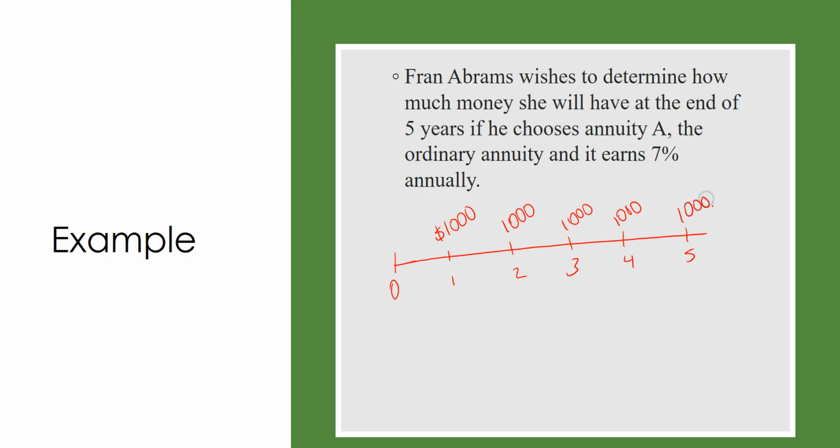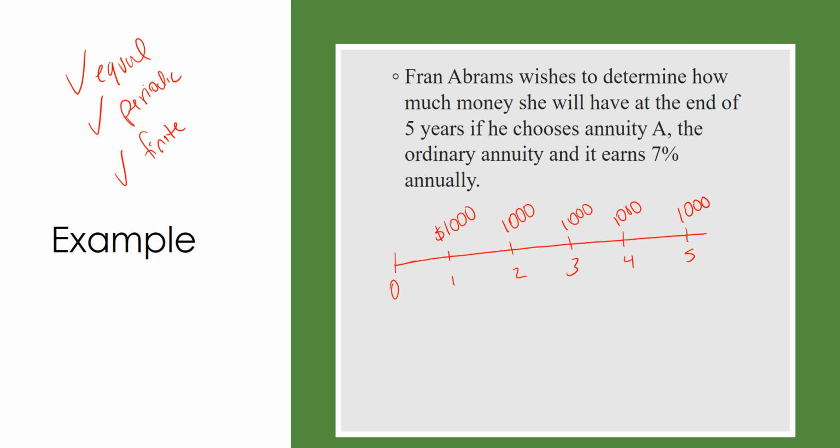for 5 years. Remember the qualifications for an annuity? It's equal, it's periodic, and it's finite, and this qualifies for all of those. $1,000, equal amounts, periodic, every year, finite, only 5 years.